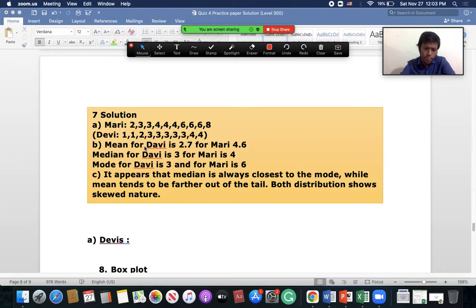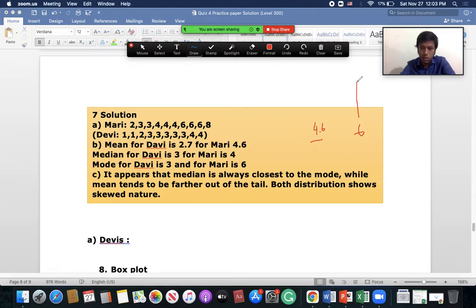For Mari, the mean is 4.6 and the mode is 6. It is the same thing. Mean is 4.6, so 4.6 is here, and the mode is 6, so 6 will be here.